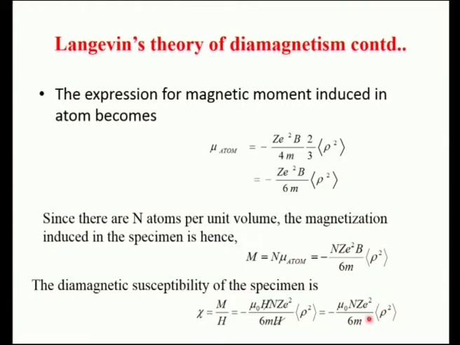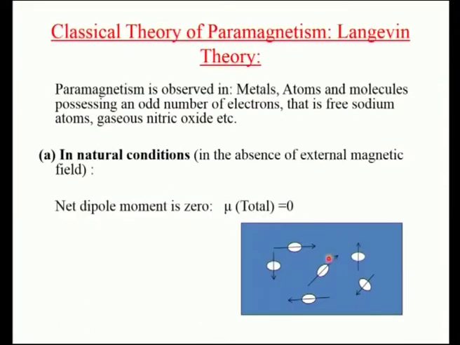Whether it is a metal or non-metal or whatever be the nature of the material, all materials will have this type of diamagnetic contribution to the total magnetism, but this is actually feeble. In an earlier lecture we have seen that the chi versus temperature behavior for a diamagnetic material is a constant, that is, chi is independent of temperature, and that is obtained here now mathematically also.